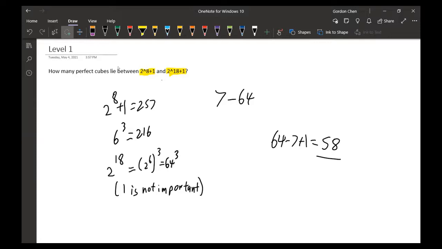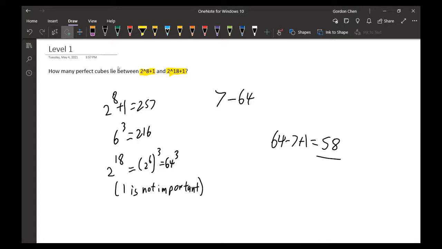And so we have that 6 cubed is smaller than 2 to the 8 plus 1, so we start off with 7. And this one we have that this part is 64 cubed plus 1.